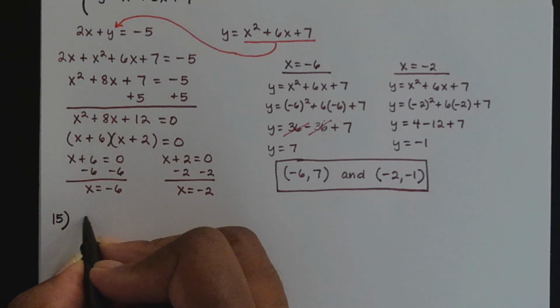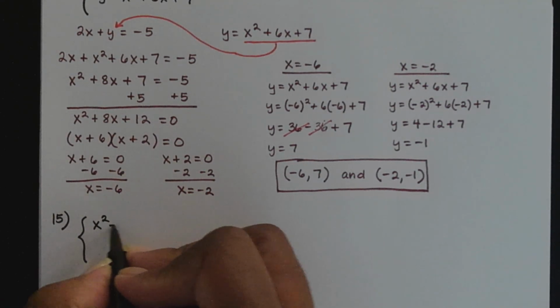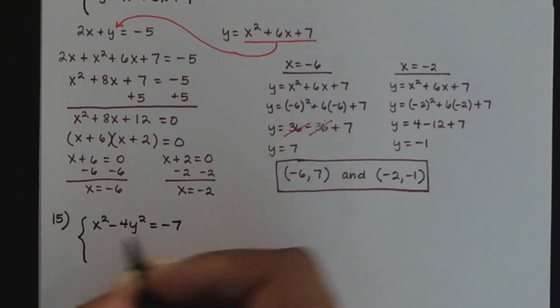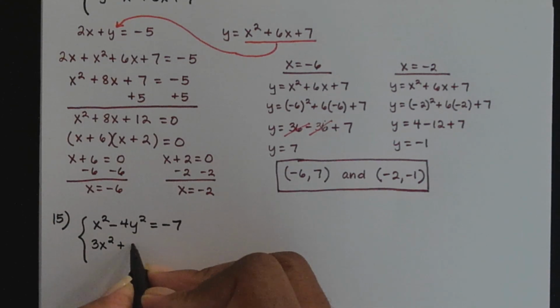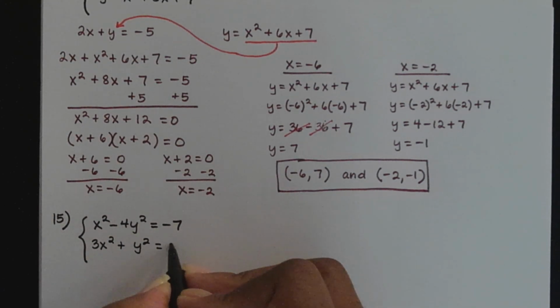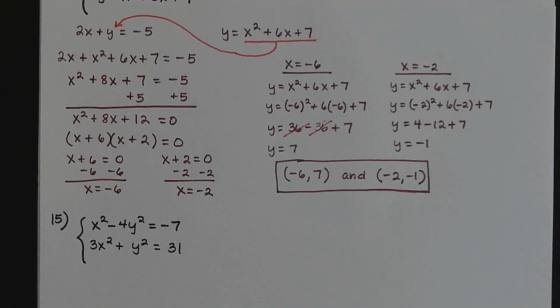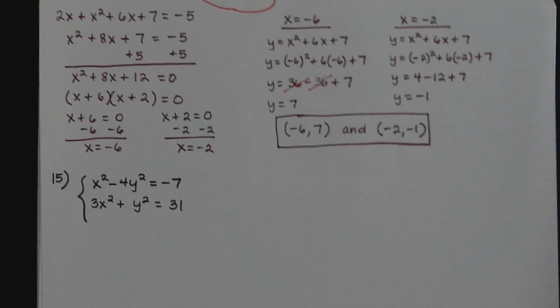Here we're going to use the addition method. So here you got x squared minus 4y squared equal negative 7. And then the second equation is 3x squared plus y squared equals 31. And this one you do need to use the addition method because both the x and the y are squared.